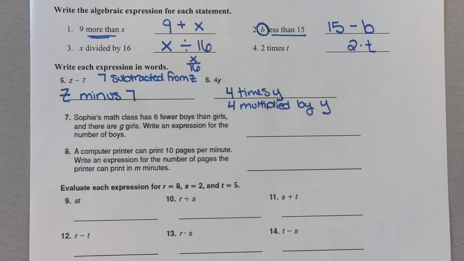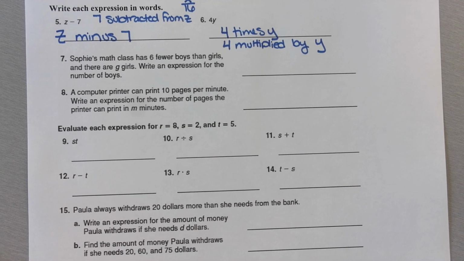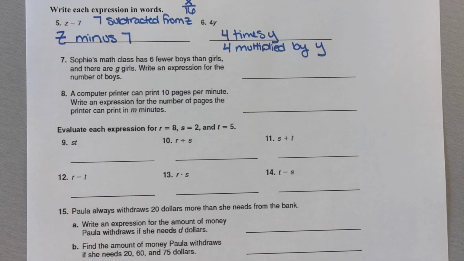Alright, 2 more that are equations, but these are coming at us as story problems. It's like the story problem we did last, but they're written better than mine. Okay, we've got Sophie, and she is in math class, good spot to meet. And it has 6 fewer boys than girls. If there are G girls, we want to write the number of boys.